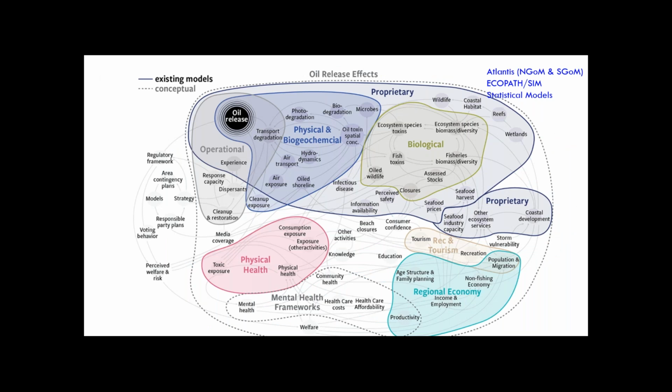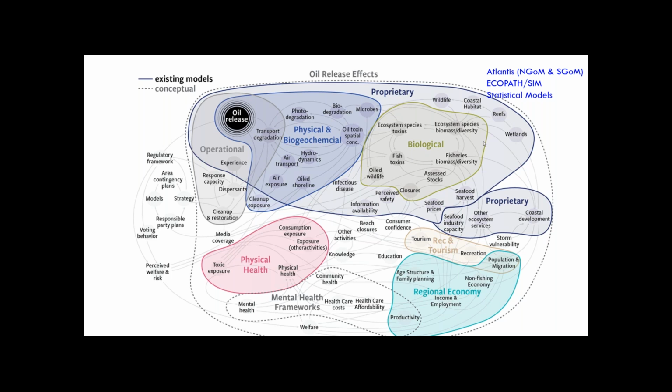And so if you take that diagram we just saw, you can parse that into several domains. A lot of modeling from Deepwater has been done on the physical and biogeochemical environment. That is, particularly transport modeling. And that is, where do things go? When do they get there? And what concentrations are there?